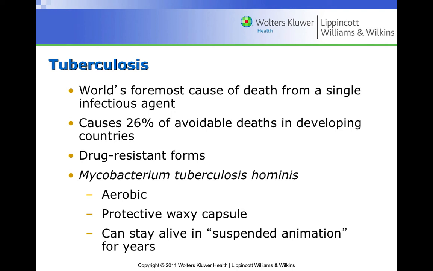Tuberculosis. So this is one of the oldest diseases that you'll see, and we see this in foreign-born or developing countries mostly, or as an opportunistic disease of the HIV infected.